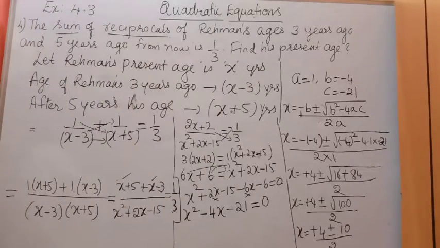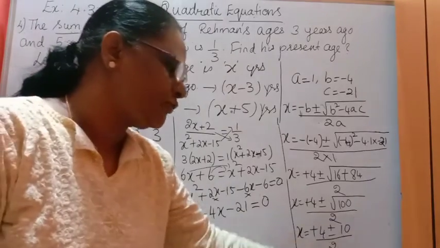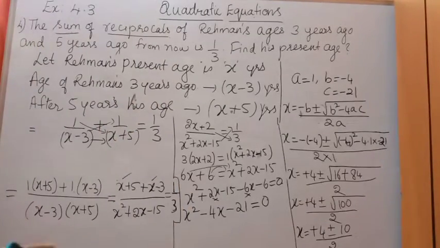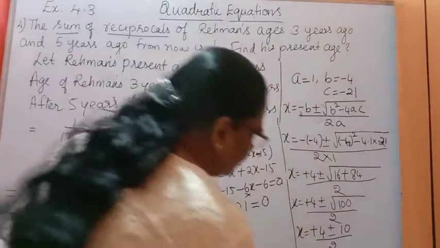Once you have to write plus 4 plus 10 by 2 and plus 4 minus 10 by 2.